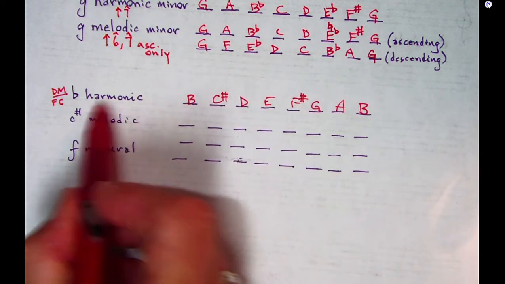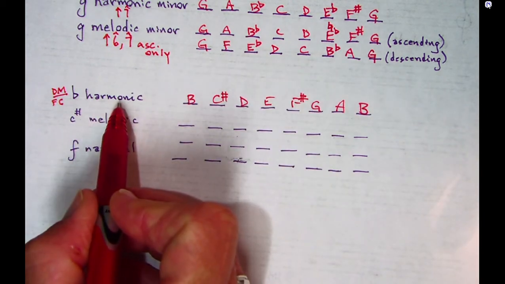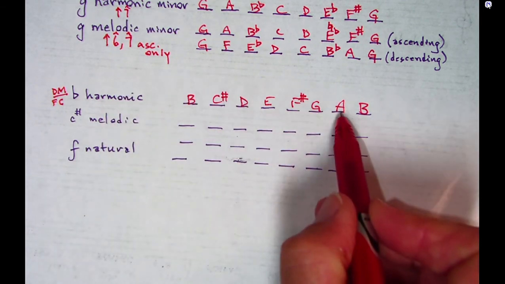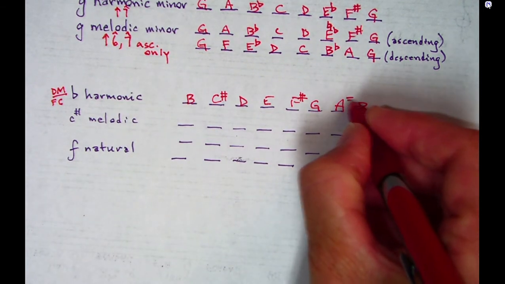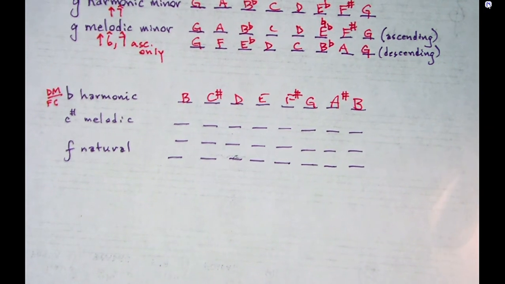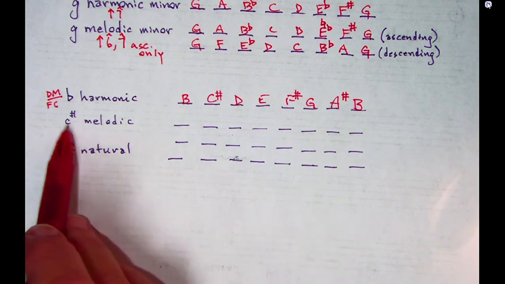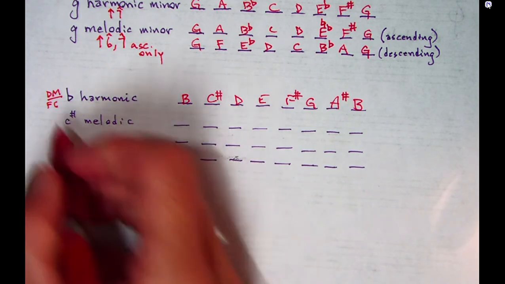Okay, now if this said natural, I would be done, but it says harmonic. So now I'm going to find the 7th scale degree and raise it a half step. That is now the B harmonic minor scale. All right, next one, C sharp melodic minor.